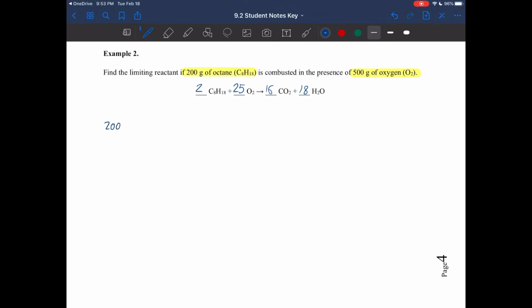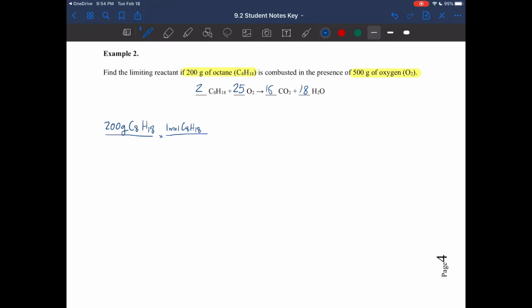Starting with octane, 200 grams of octane, C8H18. Converting that to moles of octane. So 1 mole of octane should have a certain mass there. So I'm going to do 12.01 times 8 carbons plus, I'm going to do this in a different calculator.